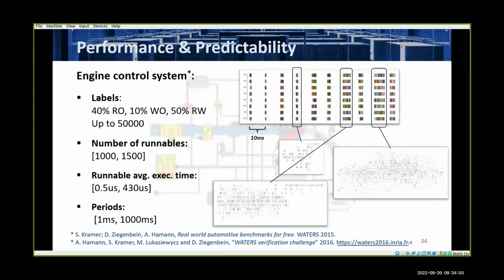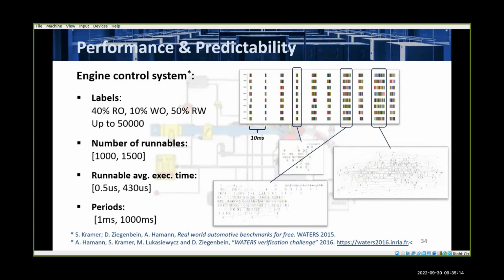But then the most important thing is the average time of a runnable, because it goes from 0.5 microseconds to 430 microseconds, which is really, really fine-grained time. And then the periods of the tasks go between 1 millisecond and 1,000 milliseconds. So this is what we are talking about for automotive systems.